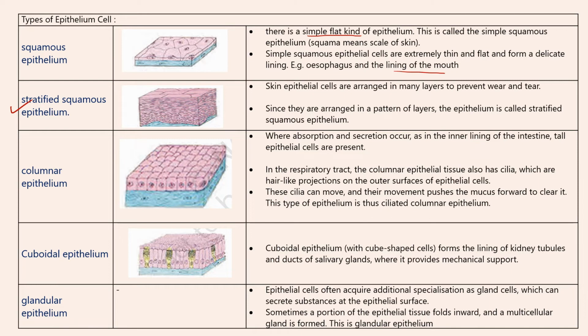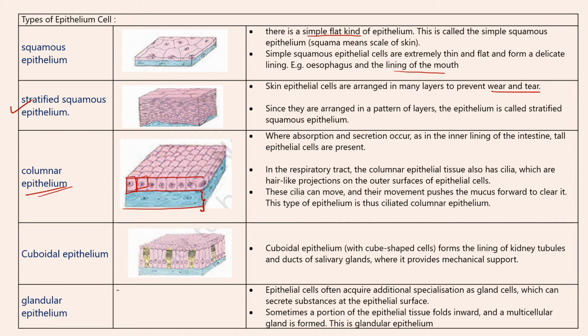Their function is to give mechanical strength to the body, and they prevent wear and tear. Now third is columnar epithelium. As you can see in the figure, their shape is like a column, and beneath this epithelial cell, the extracellular fibrous layers are there.